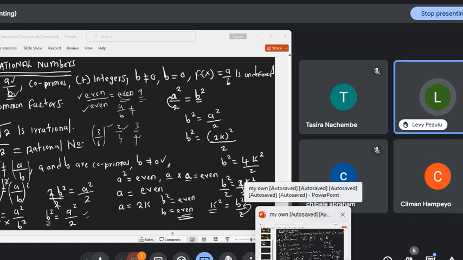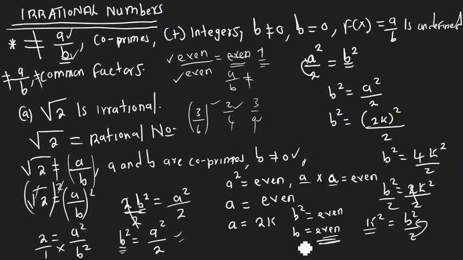Sir, I want to ask there where there is b squared is equal to 4k squared over 2. Now, how did you come about b squared is equal to 2k squared? Again, it's divided by 2. How was the 4 reduced to 2k squared and still divided by 2 again?